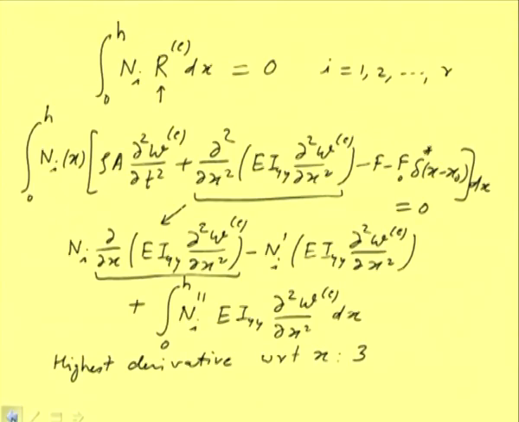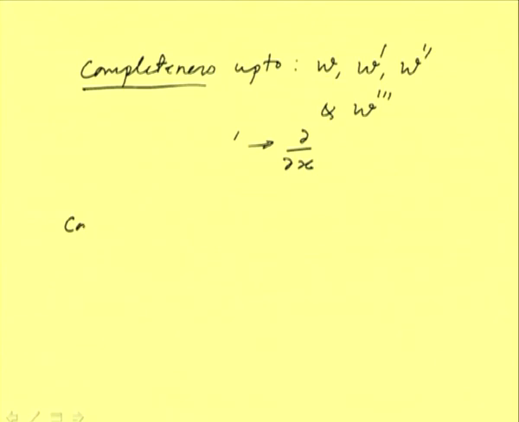Also, in the previous term, if we look inside the integral, the maximum derivative is second after taking the integration by parts. That means the compatibility condition we require of w and w prime is one order less, because it has derivatives up to second.